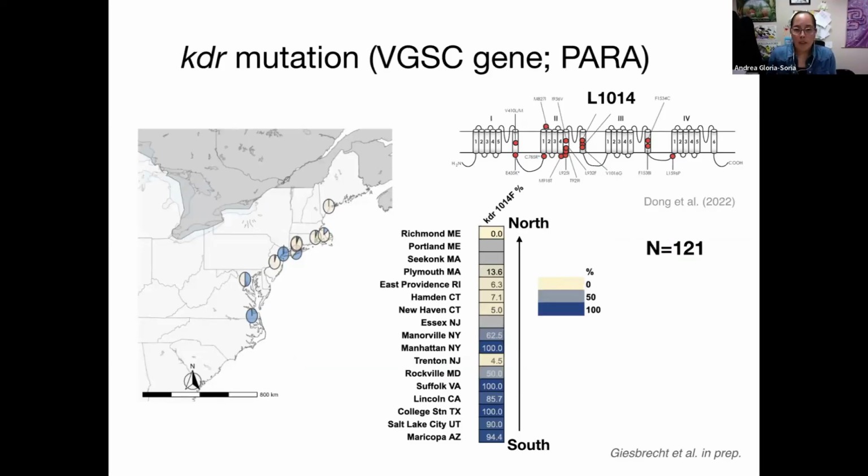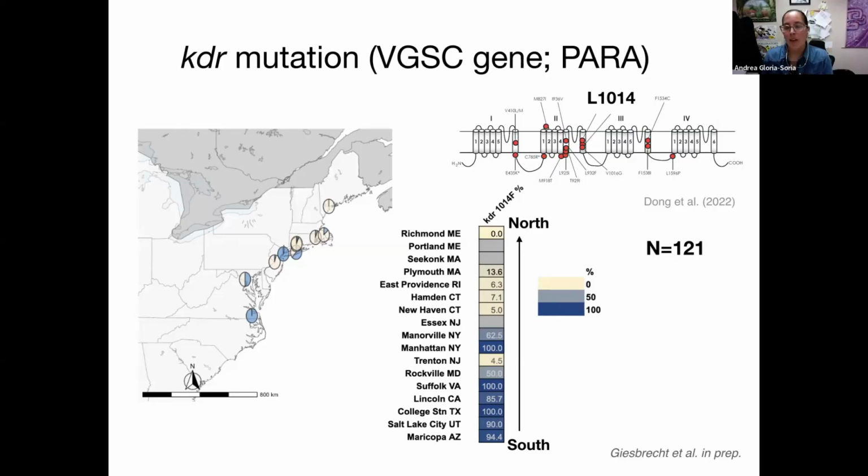Now, we are trying to understand the genetic basis of insecticide resistance in the region. And we know that one of the best described genes related to pyrethroid resistance is the voltage-gated sodium channel gene named PARA.